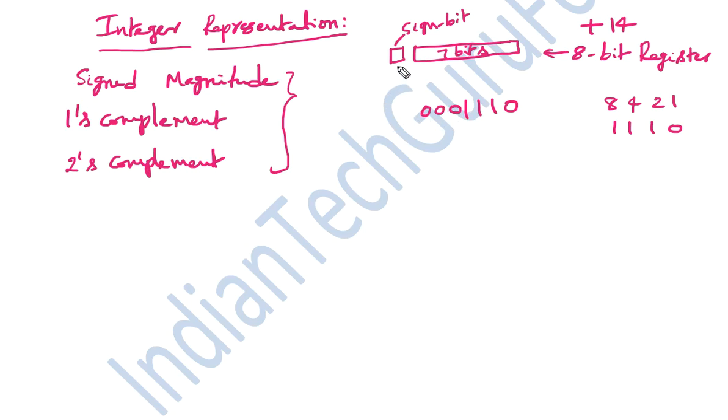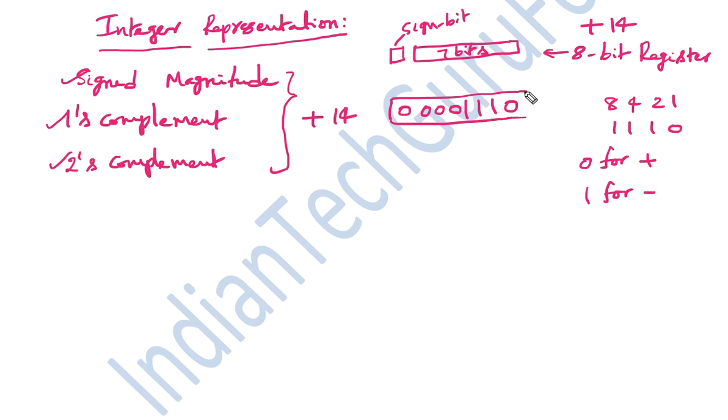And what is the sign bit? The sign bit is 0 for plus and 1 for minus. As we are representing plus 14, the sign bit will be 0. So now plus 14 is represented in signed magnitude, ones complement, and twos complement in this particular way in an 8-bit register.